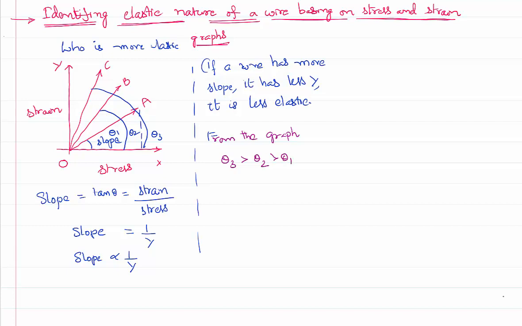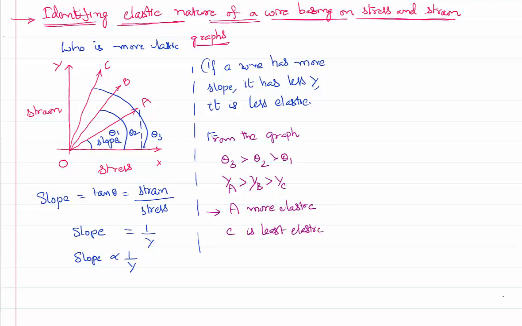That means as the slope is inversely proportional to Young's modulus, the one who is having the least slope will be having the highest Young's modulus. That means Young's modulus of A is more than that of Young's modulus of B. That's even more than that of Young's modulus of C. That means here wire A is more elastic and wire C is least elastic.